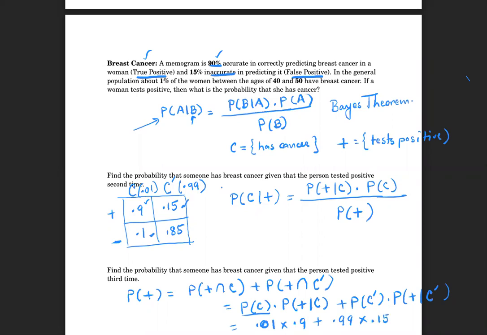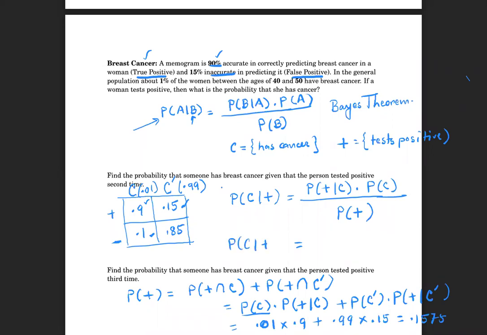If you do the math, you get 0.009 plus 0.99 times 0.15, which is 0.1575.